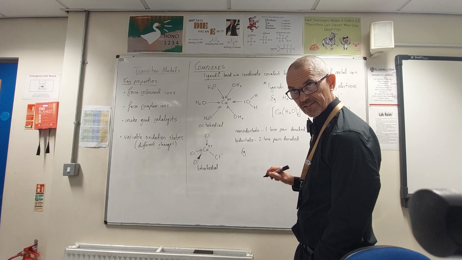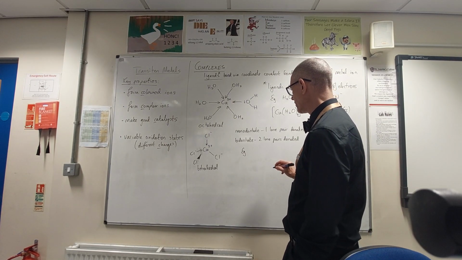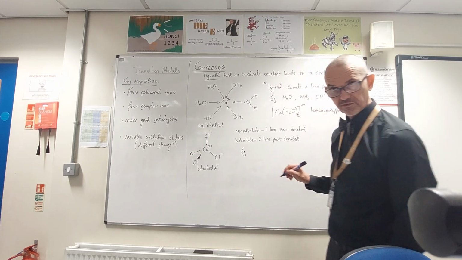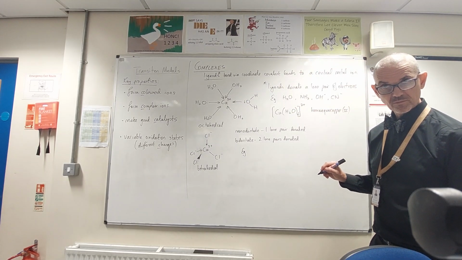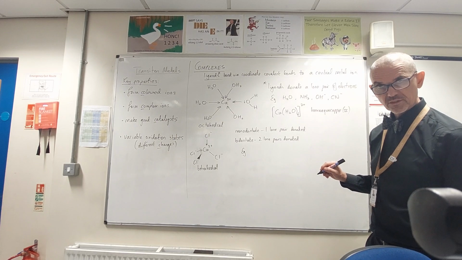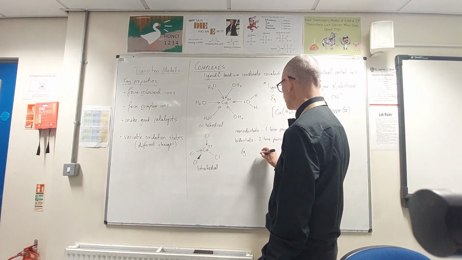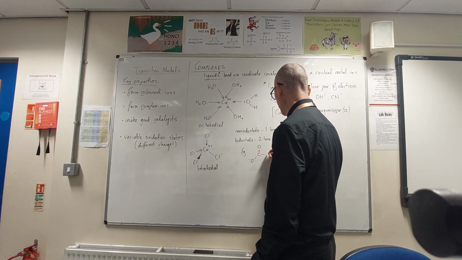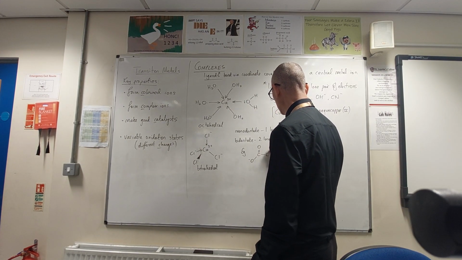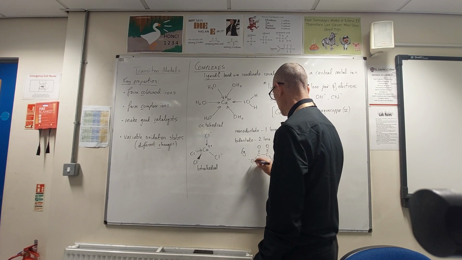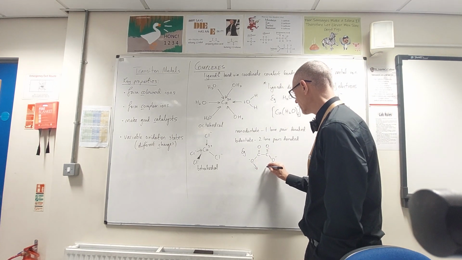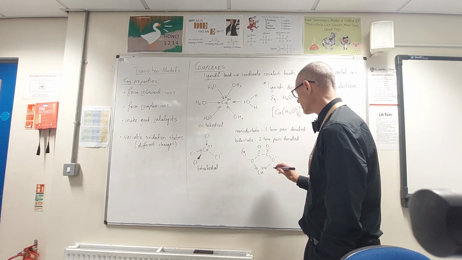So there's 2 CH3s and 2 oxygens. It's like O minus. Ethane dioate has got 2 lone pairs, so it can attach to the metal from 2 directions.